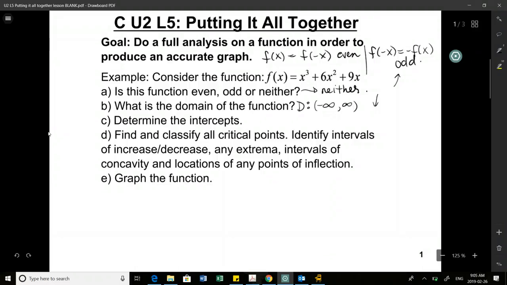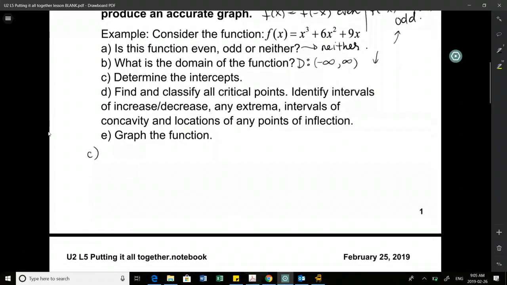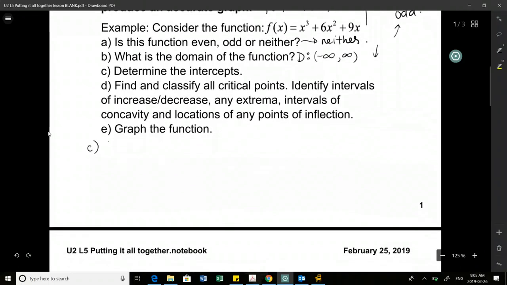Intercepts. Okay, I'll do that down here. Intercepts are going to require us to factor. So I'm just going to start by taking out a common factor here. Make our life a little easier. And then I think two things that multiply to 6 and add to 9 are 3 and 3. So we actually have x plus 3 squared.